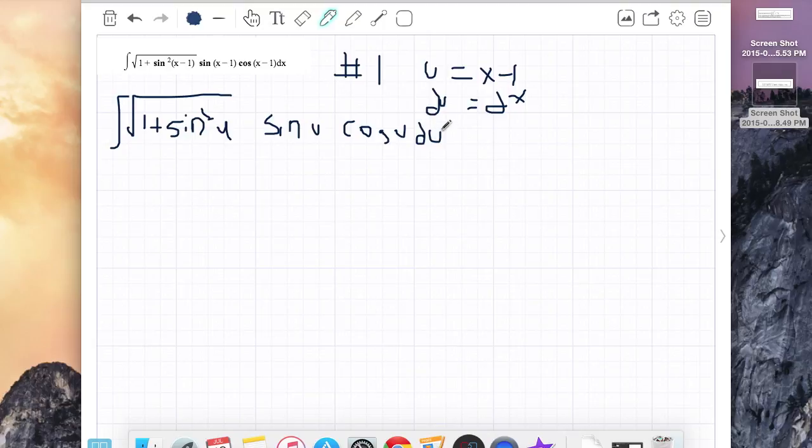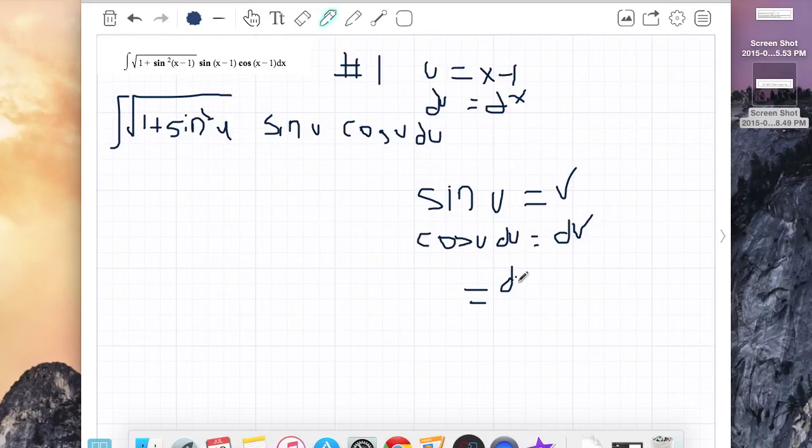So that's part 1. Now we're going to u sub a different variable. We're going to u sub sine u, so let's say this new variable v equals sine u. That means dv equals cosine of u du, which means du equals dv over cosine u.